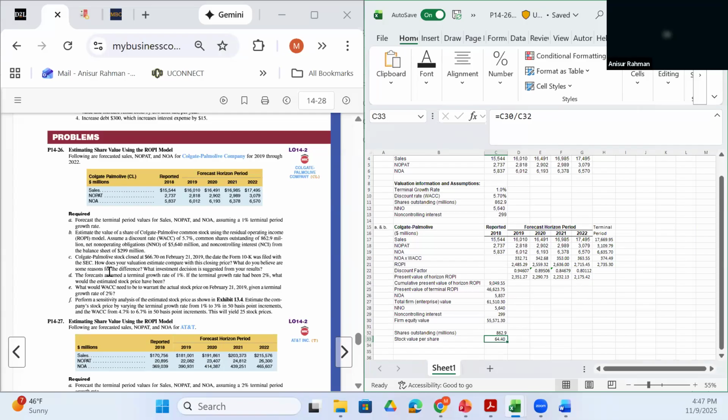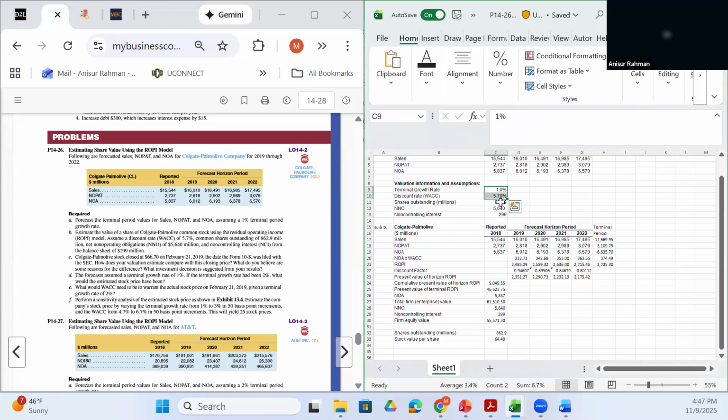So what do you believe are some reasons for the difference? So market is giving a higher value than our estimate. Remember, we used these inputs, right? These are our assumptions.